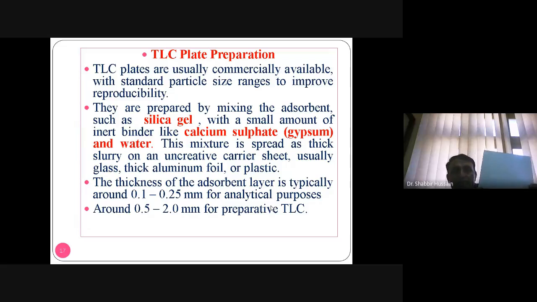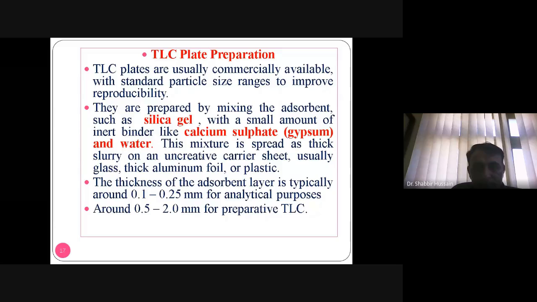Here, particle size is already mentioned on our TLC. You see here, this is the TLC standard, right? They are prepared by mixing adsorbents such as silica gel with a small amount of inert binder like calcium sulfate, that is also called gypsum, and water, right?